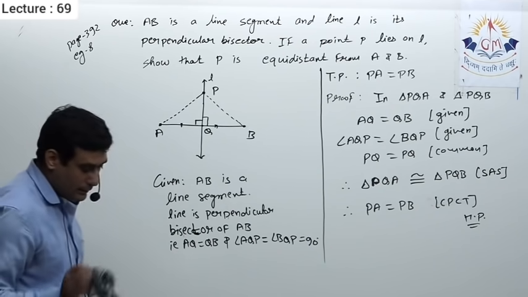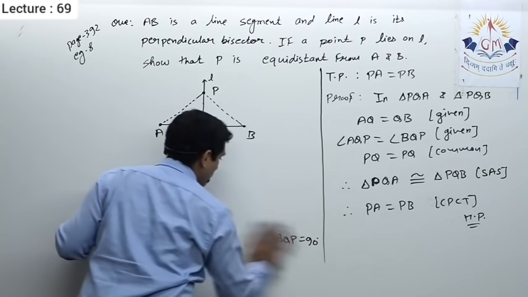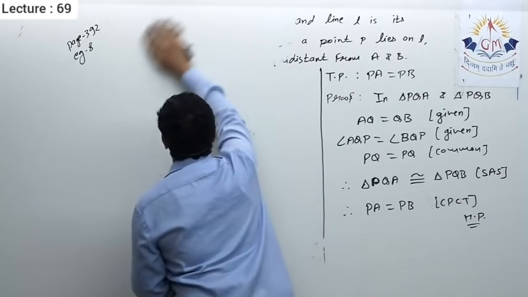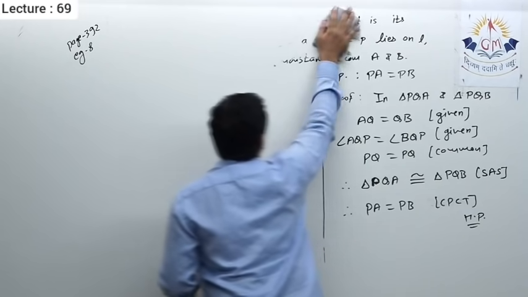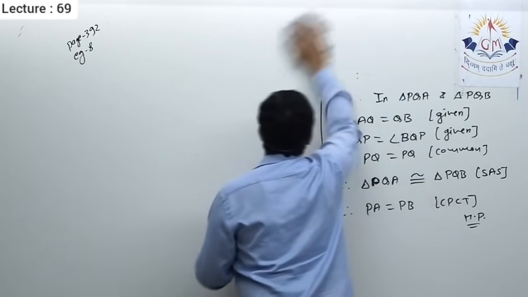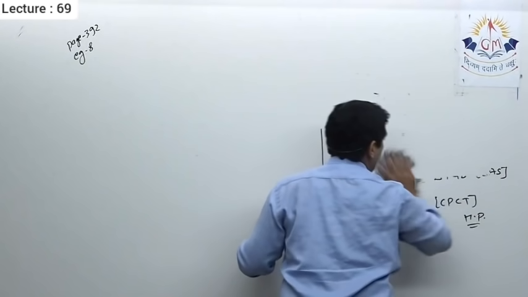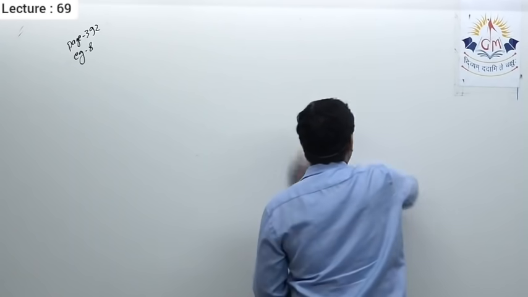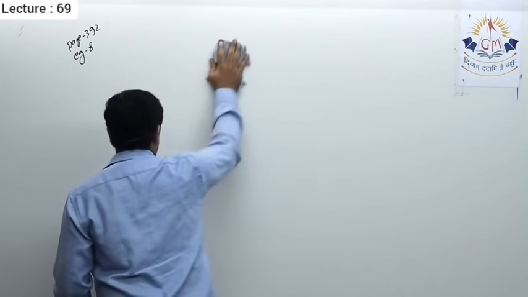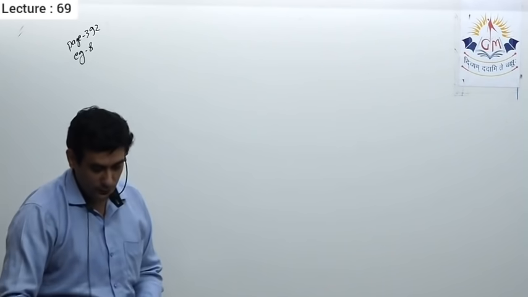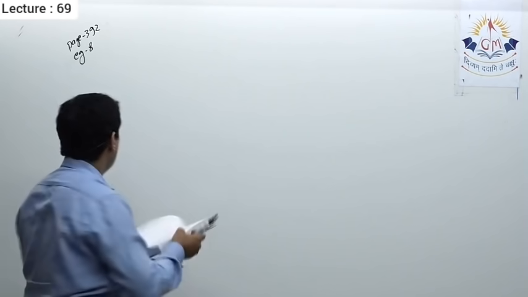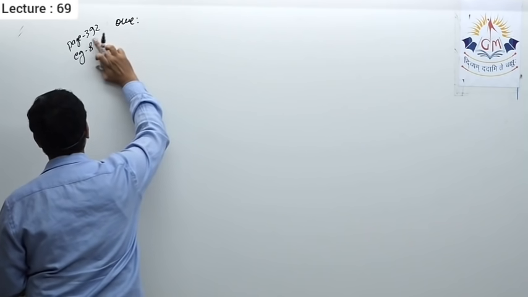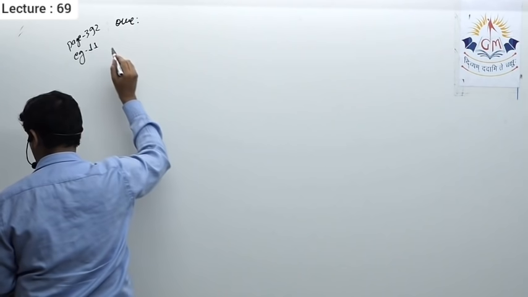Okay, now let us see the next question. Next question is, in the given figure, that is actually example number 11 from the same page, that is 392.